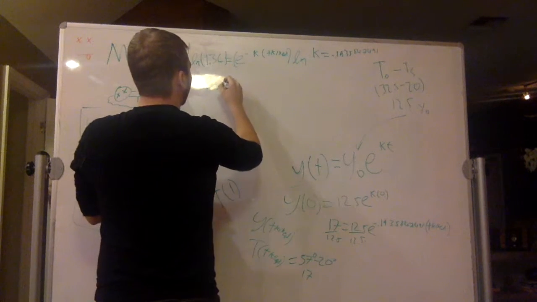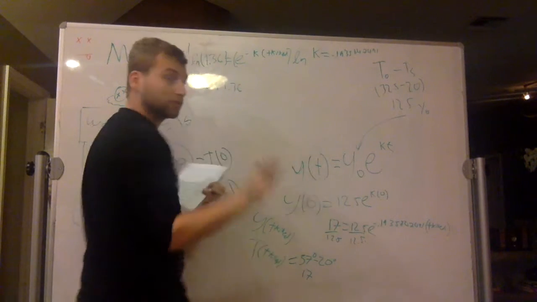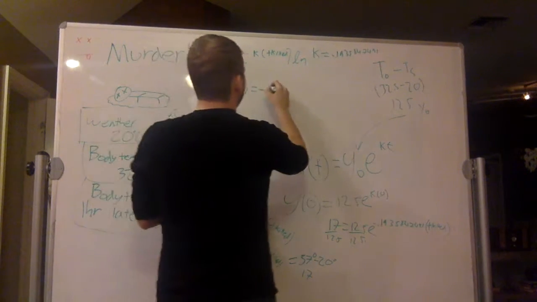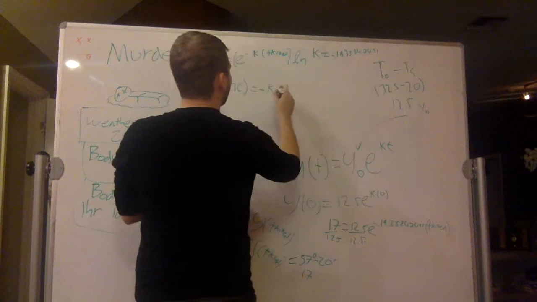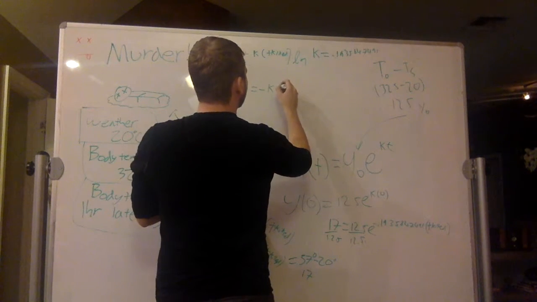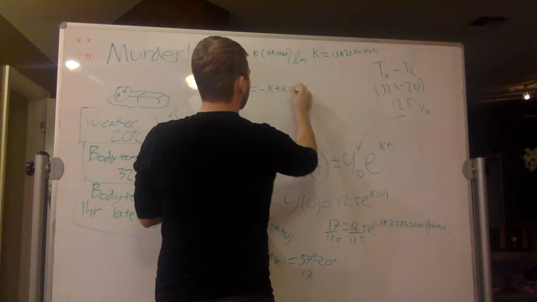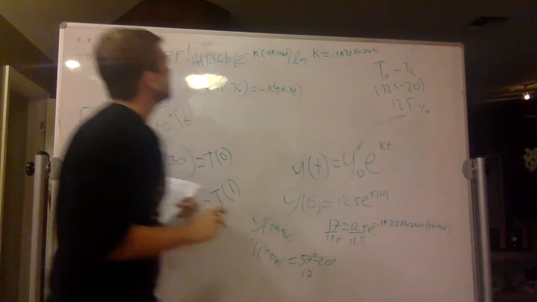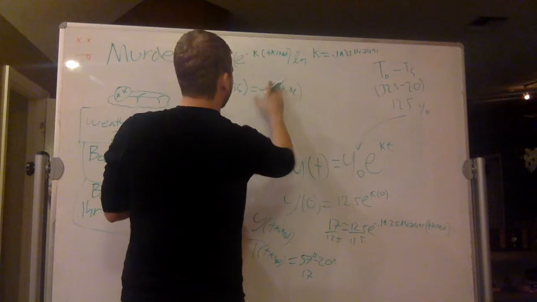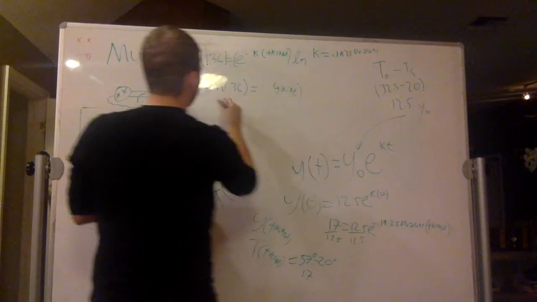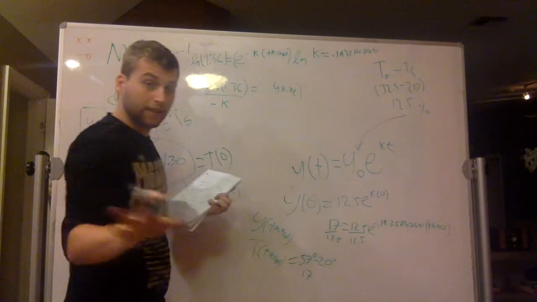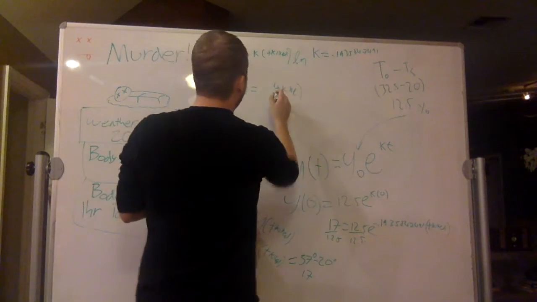So we got ln of 1.36 equals negative k, which is this number over here. Time killed. So now what we need to do is divide by negative k. And then that'll give us our time killed.